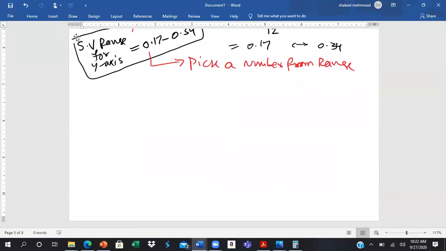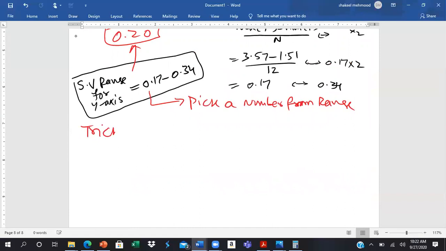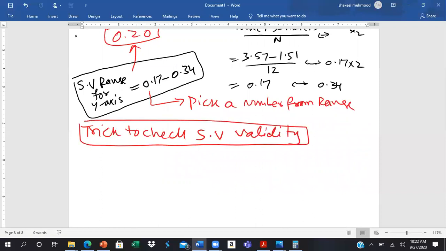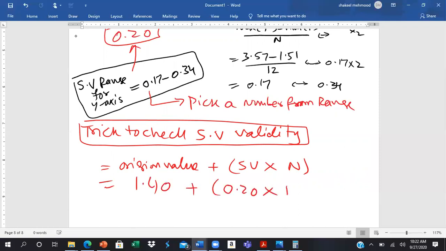Let me tell you a trick. Trick to check scale value validity. This is very important. You should write your origin value plus your scale value into number of squares. So let me start my origin from 1.40. Scale value is 0.20 and number of squares are 12. So 1.40 plus 2.4, right?